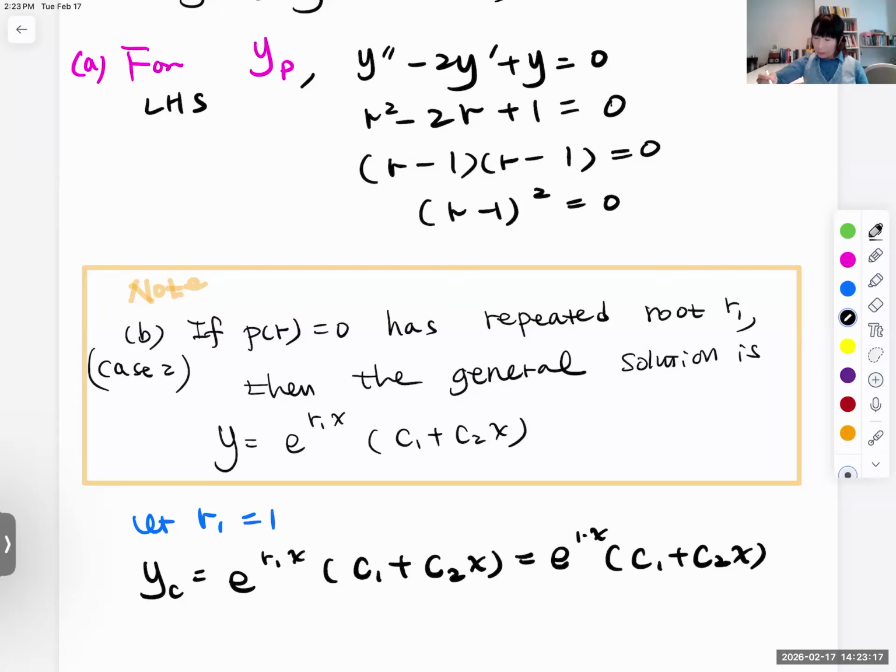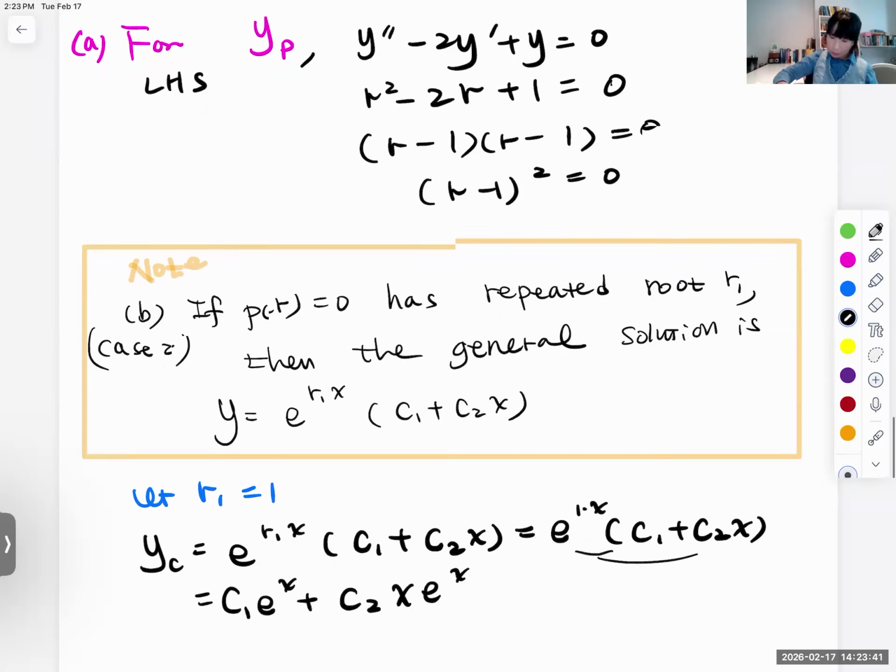If we distribute, we get c sub 1 e to the x power plus c sub 2 x e to the x power.